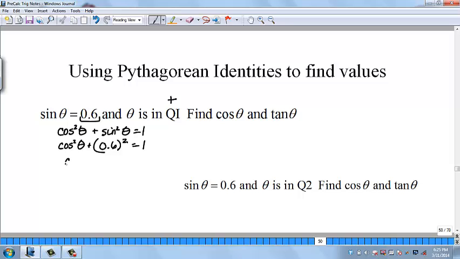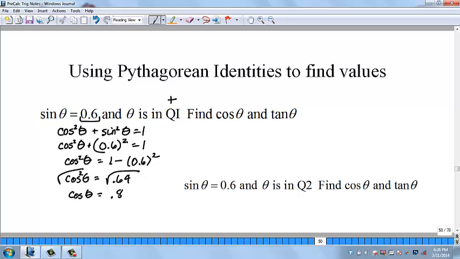So I've got cosine squared of theta equals 1 minus 0.6 squared. So cosine squared of theta equals 0.64, and if I take the square root of it, I find out that cosine of theta equals 0.8.